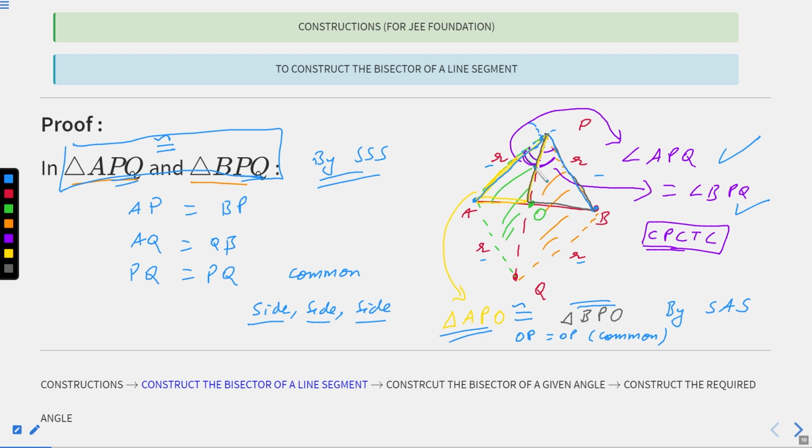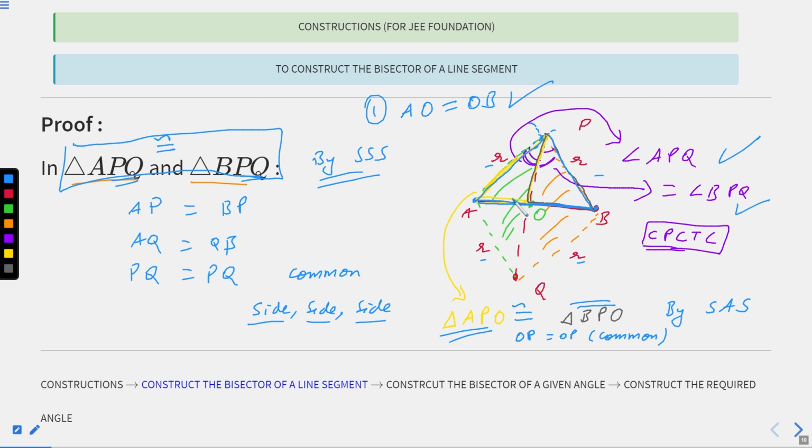So now by CPCT, we can also say that AO is equal to OB in length. So we have given proper proof that AO is equal to OB. So the first point we have proved.